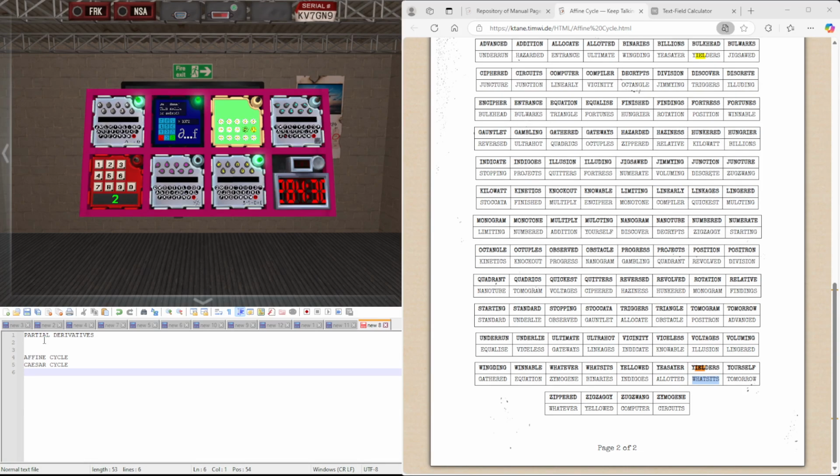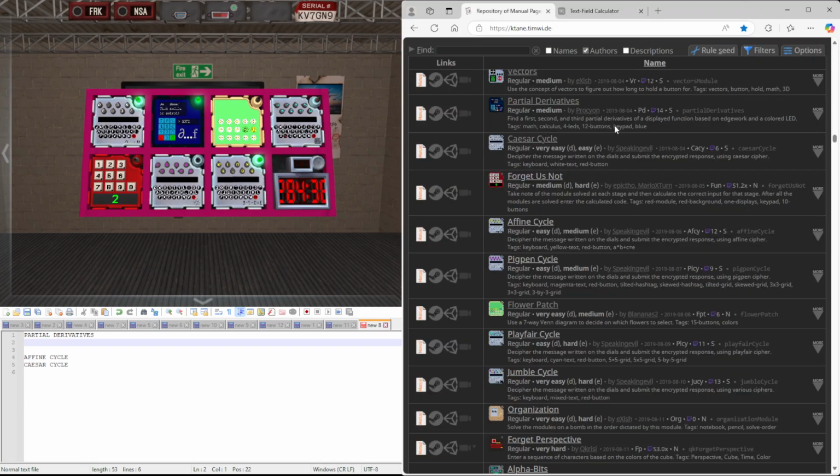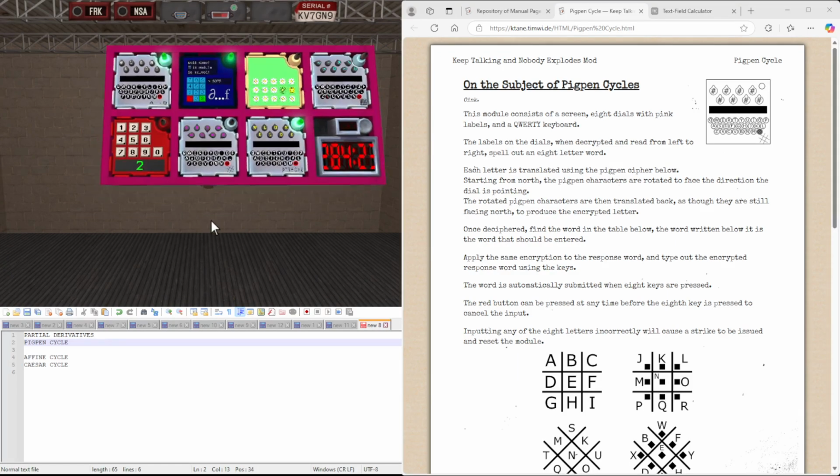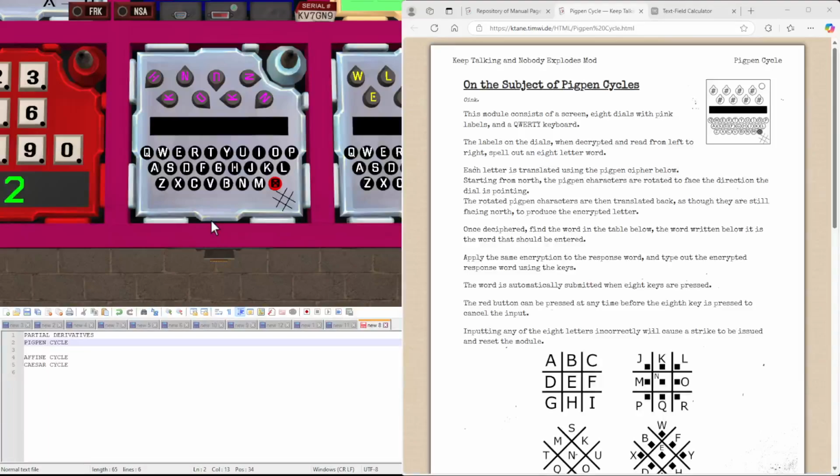Okay, now next we have stage 2, which is Pigpen cycle, yeah. Remember, this is one of the ones I've never really understood, so I guess here goes nothing. You're interested in Pigpen cycle below. From north, Pigpen characteristic to face direction that is pointing.